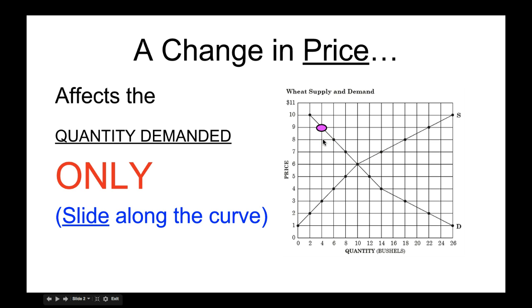You're going to see purple dots show up, and those purple dots represent the slide along the curve. That can happen with demand curves, and with the yellow dots, you will notice the slide happening along supply curves. So if ever asked, a change in price affects the quantity demanded or the quantity supplied.